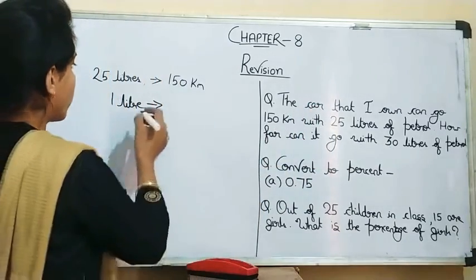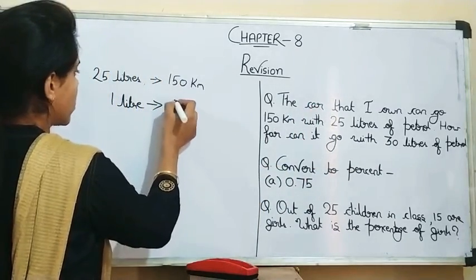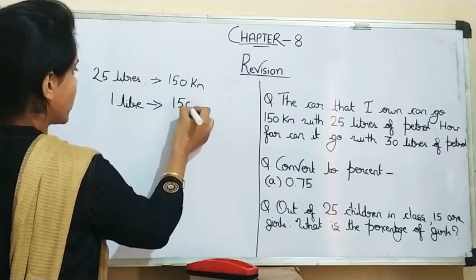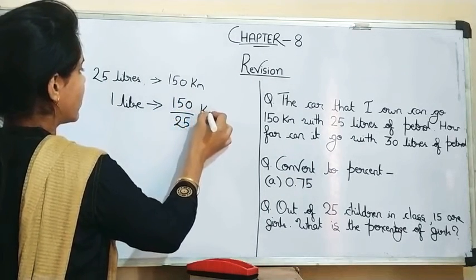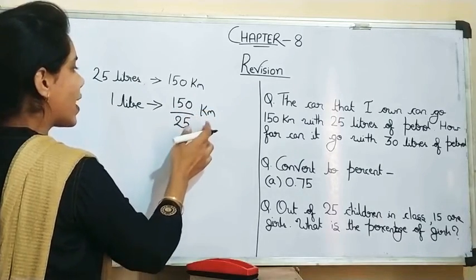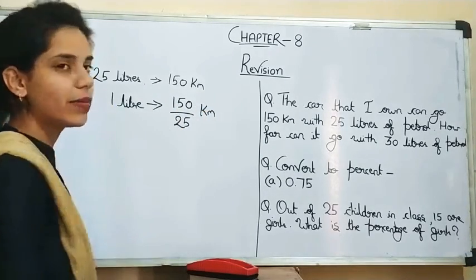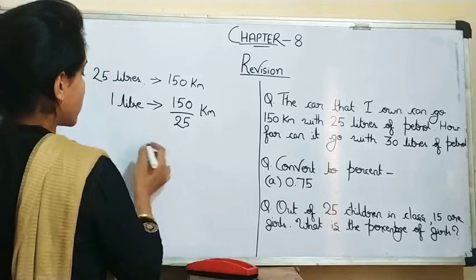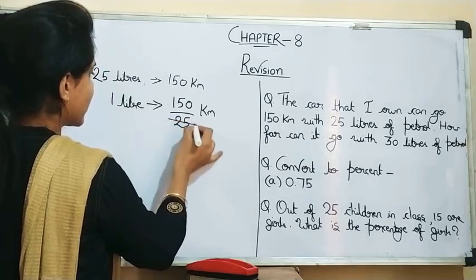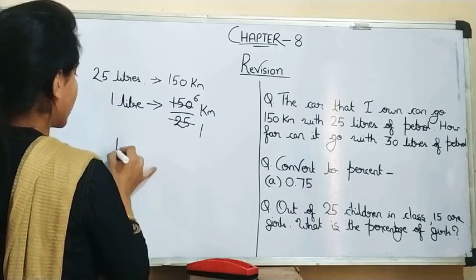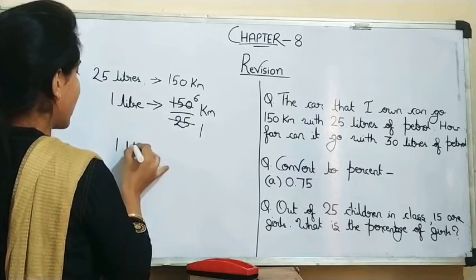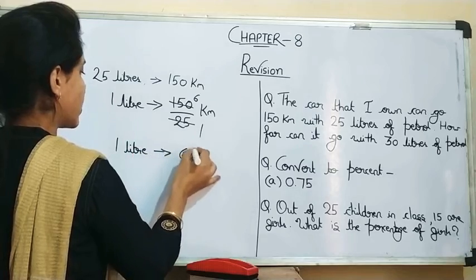So with 1 liter of petrol, the car can go 150 by 25 kilometers. This 25 will come in the denominator, so cancel it out. 25 sixes are 150. So with 1 liter of petrol, the car can go 6 kilometers.